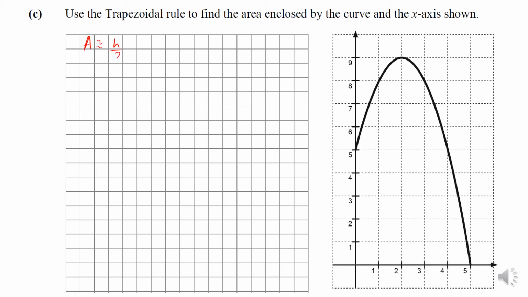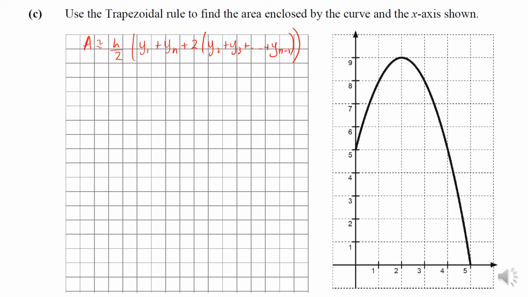So it's h over 2 by the first measurement plus the last one plus 2 times the others, up to the one before last, the second last. Now let's look at our diagram, see can we find those measurements.